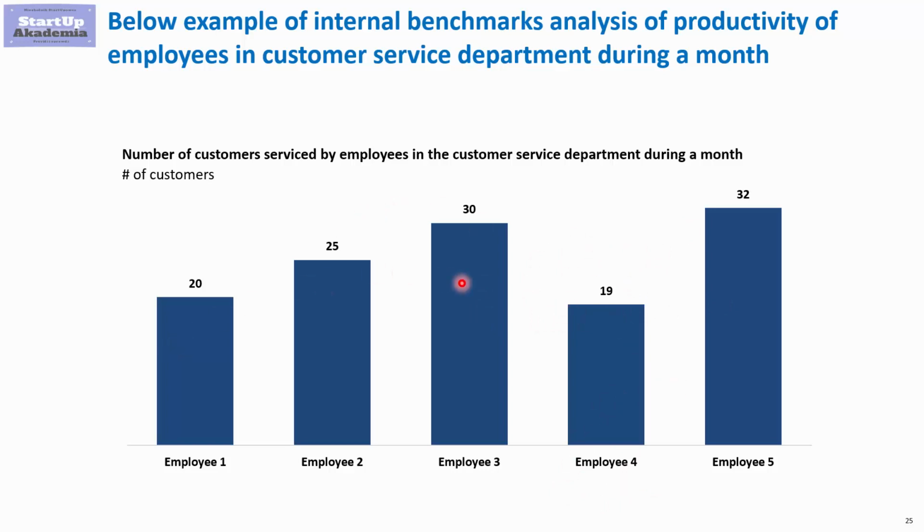So this would suggest that there is a certain discrepancy in the efficiency level. And if we were able to increase the average to the level of the best performance, we would most likely be able to have a lower headcount, so probably get rid of one or two people. This sort of internal benchmark helps you identify not only the potential headcount reduction, but also the places with the best practices. So in this case, it will be employee 5 and employee 3.